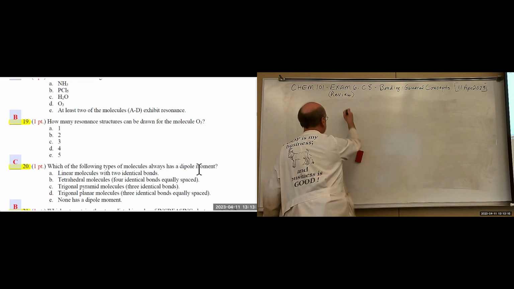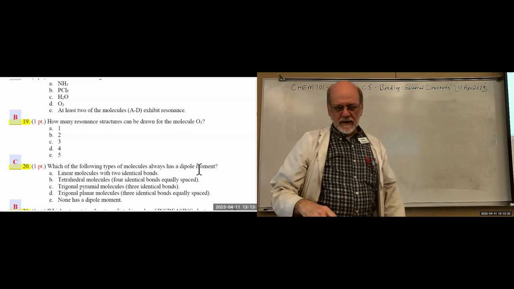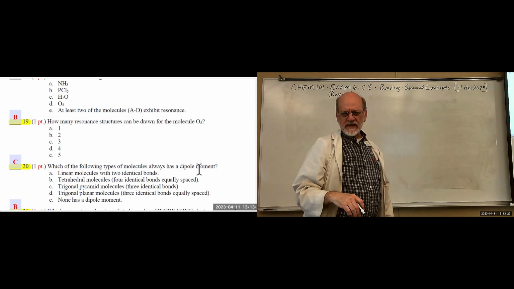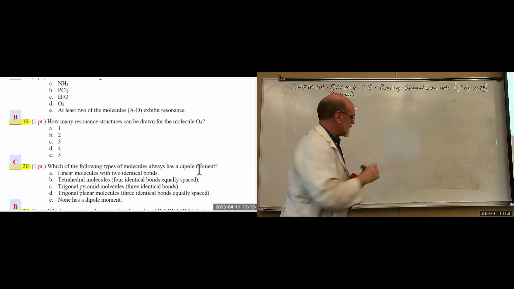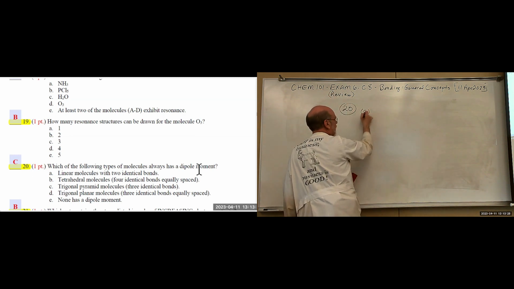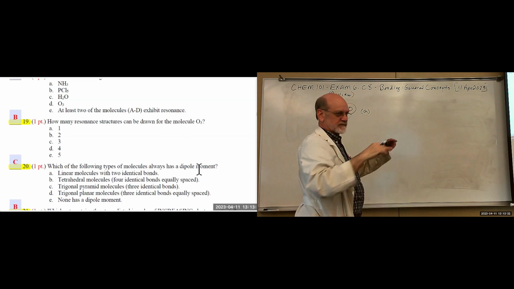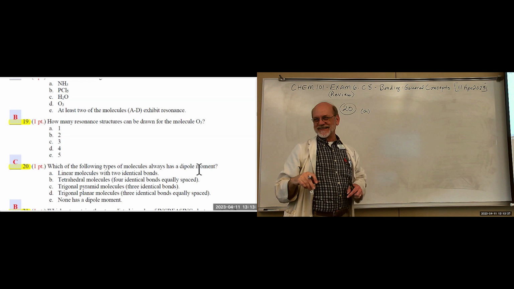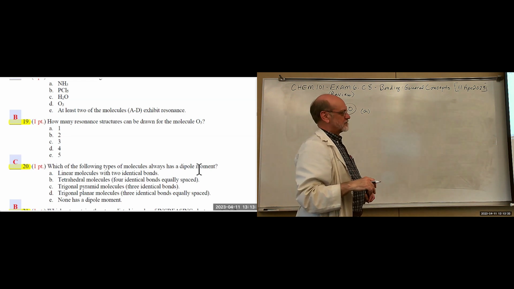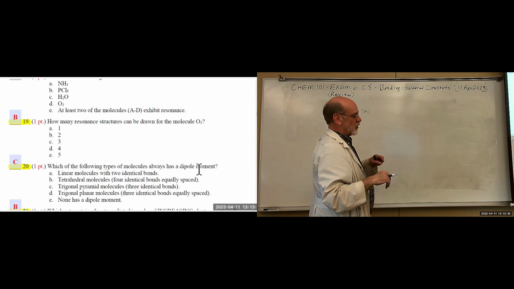20. Okay. Which of the following types of molecules always has a dipole moment? Okay. Take them one at a time. Linear molecules with 2 identical bonds. No, those don't always have a dipole moment.